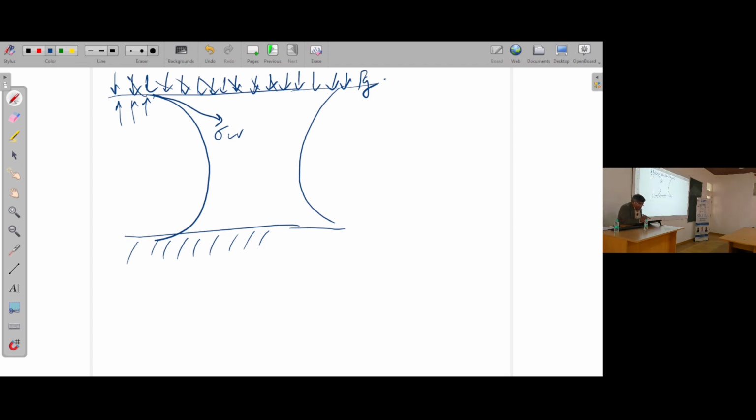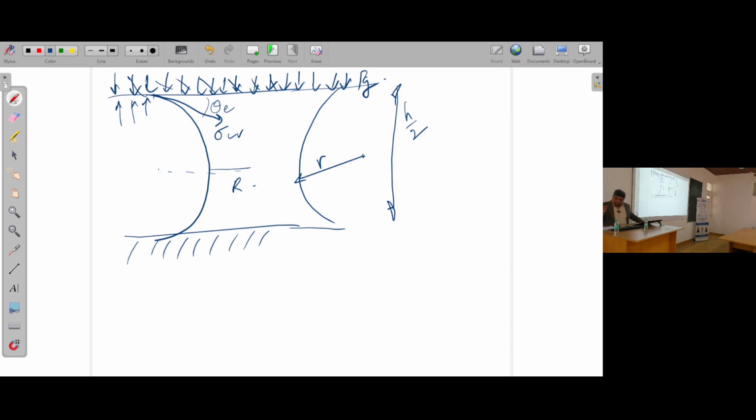Let this so-called equilibrium contact angle be theta E. Let this be R, and let this particular height be h by 2. Let's think about that, and let this be R. In some books, they also take the whole thing as R, but it doesn't matter much for us.